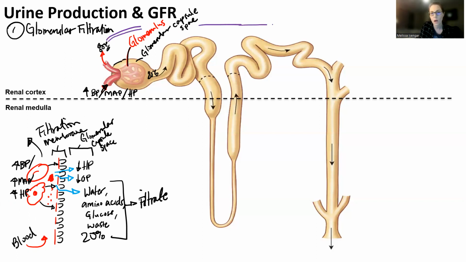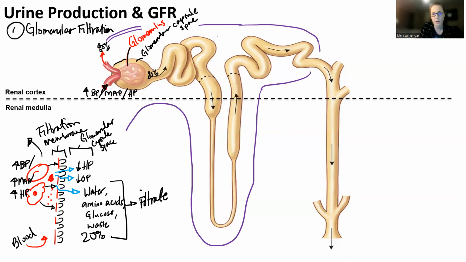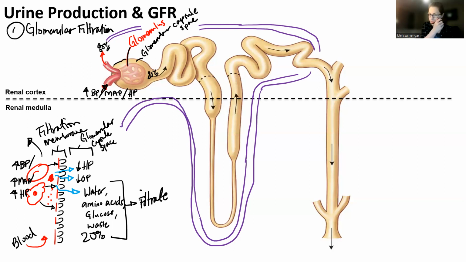And I'm just going to draw my peritubular capillary as it goes back around, okay? And this is a juxtamedullary nephron, so I'm going to see that I have a vasa recta. Right, the vasa recta dips into the renal medulla area, into the renal pyramid itself.